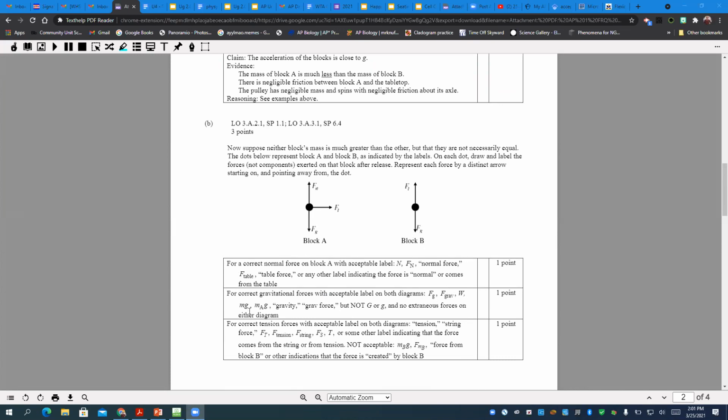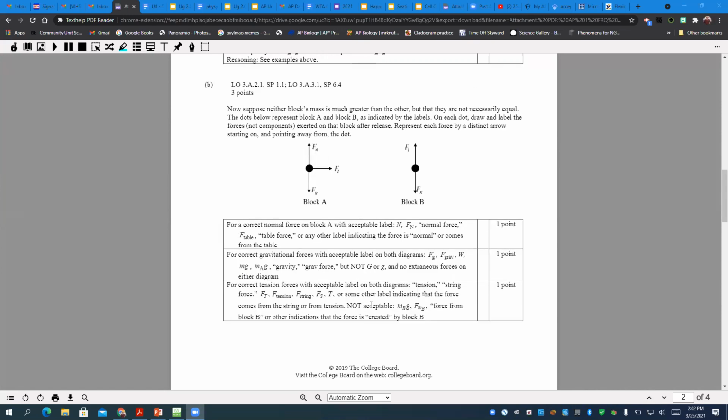With all these different labels, you could have called it MG, MA, but not just big G or little g, because those are different things. And for not putting a bunch of extra forces: if you would put a friction force on one of these, you would not have gotten this point. And then you got one more for tensions.